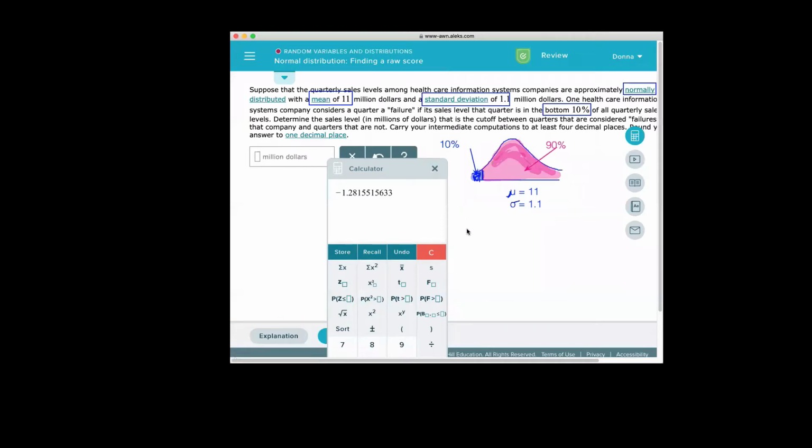So the z-score would be z equal to negative 1.2816. So that gives us our z-score on the left. So if you accidentally did z of 0.1, you would get positive, but because it's on the left-hand side, you know the z-score would be negative.